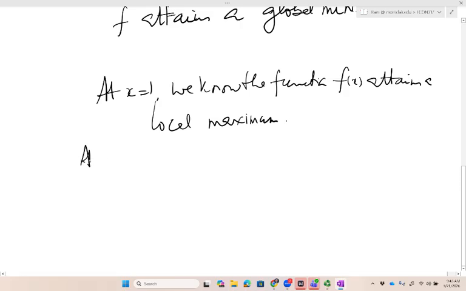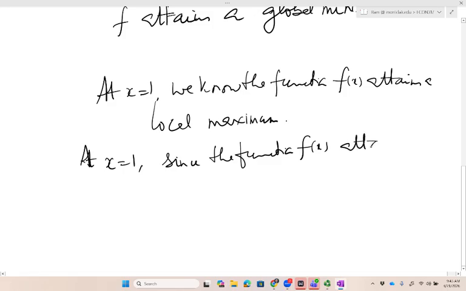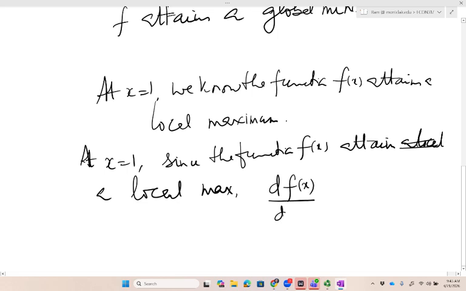So I will rewrite it: at x equal to 1, since the function f of x attains a local maximum, the derivative of the function at point x equal to 1 is 0.